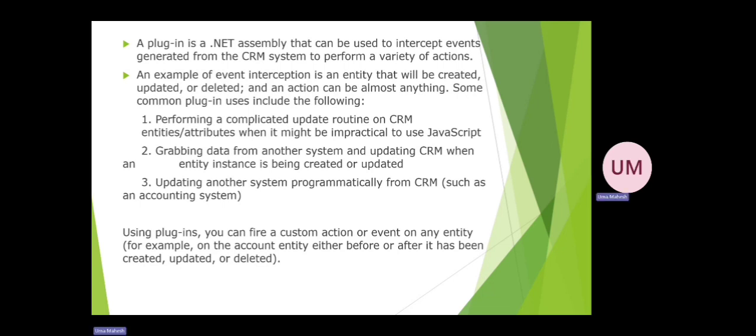In pre-validation, once the user clicks on save, the client-side JavaScript triggers the on save event. Once that is successful, it goes to the server side, and the first stage there is pre-validation.